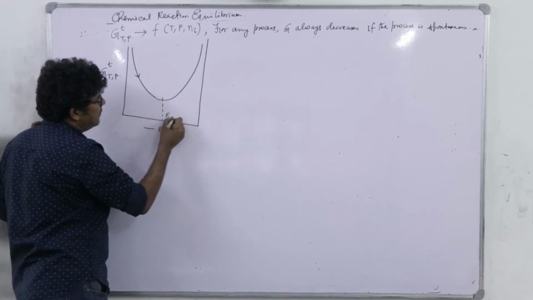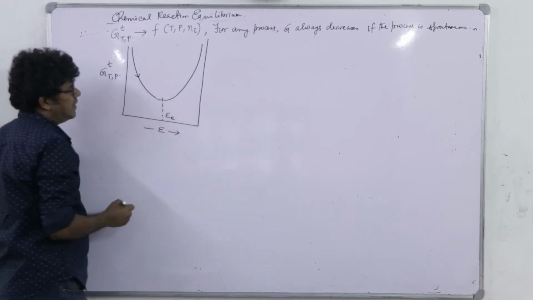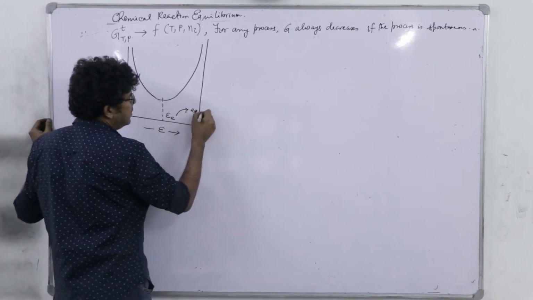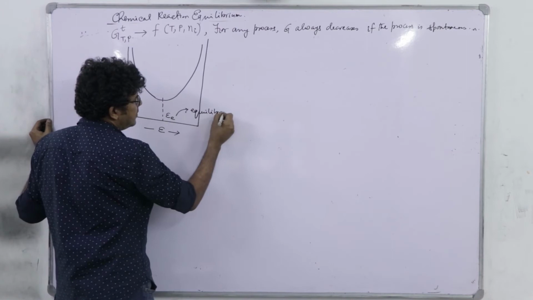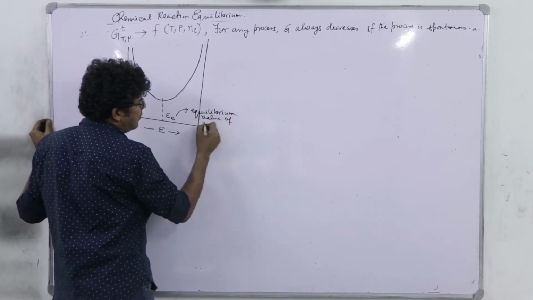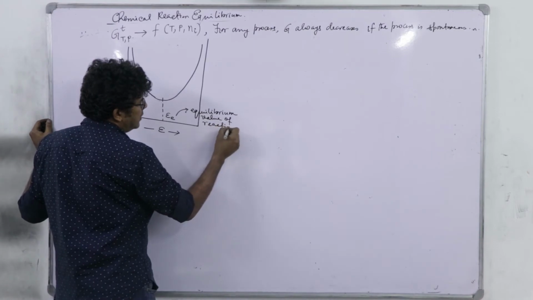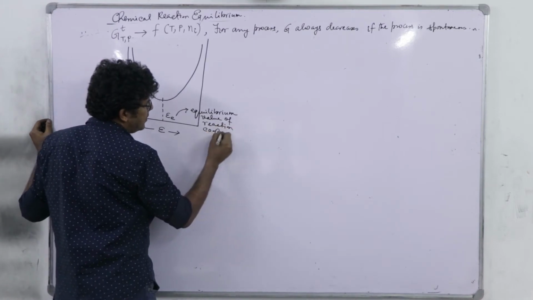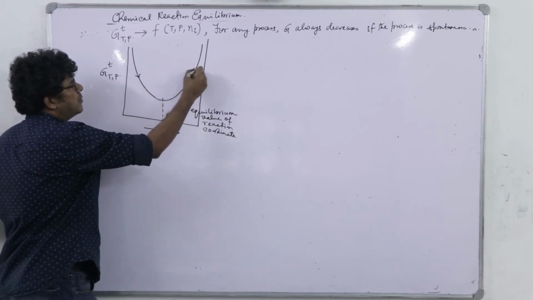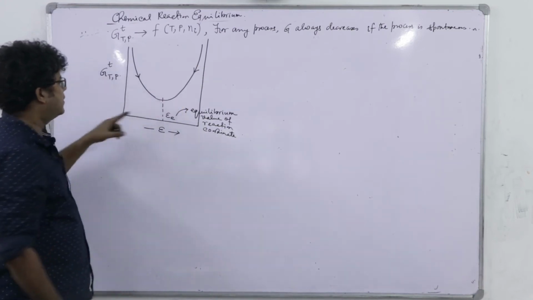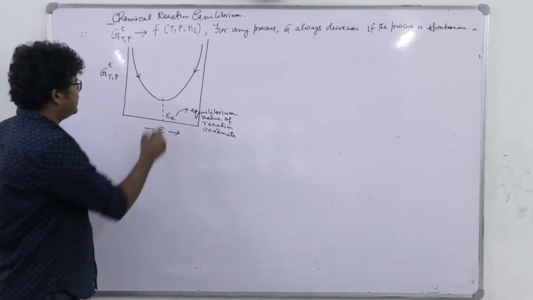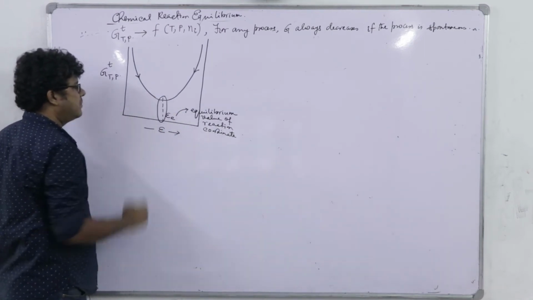So, this we refer to as the equilibrium value of the reaction coordinate, and that is the point of reaction equilibrium, and from the thermodynamic perspective we are interested only in this.